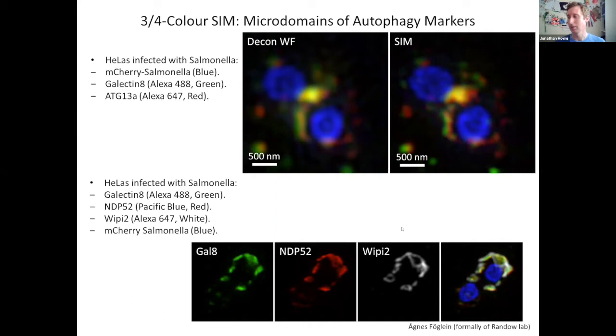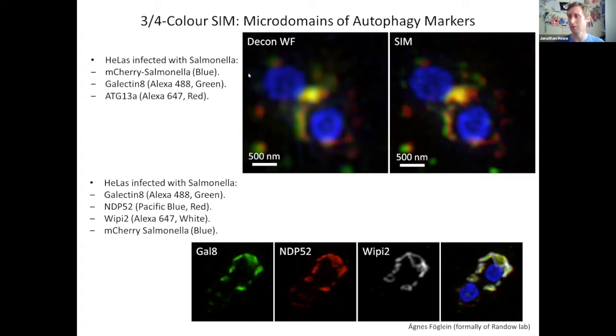So Aggie is from the Randall lab, or was from the Randall lab here at the LMB, and they're interested in the process of autophagy and how cells deal with intracellular pathogens like salmonella. So in both of these images, the salmonella are in blue, and then the other colors are various components of the autophagy machinery locating to this intracellular pathogen and targeting it for degradation.